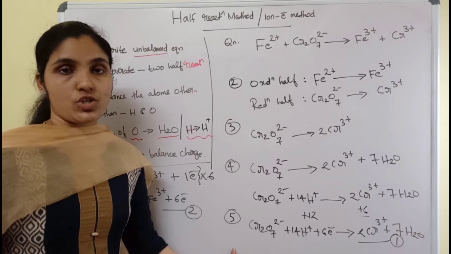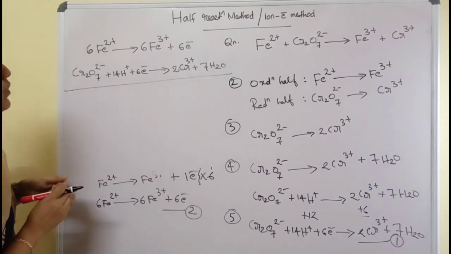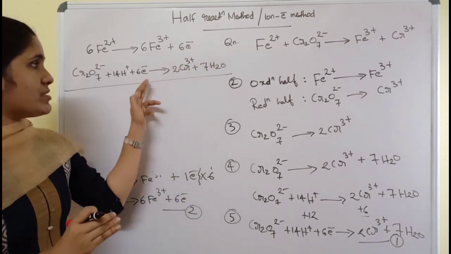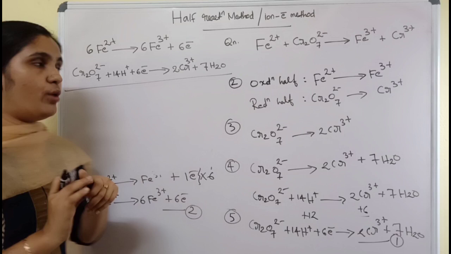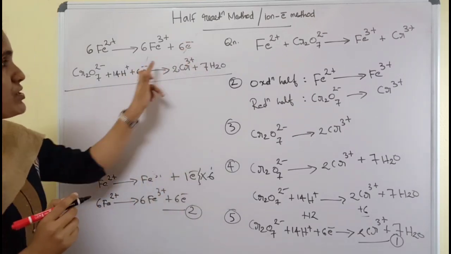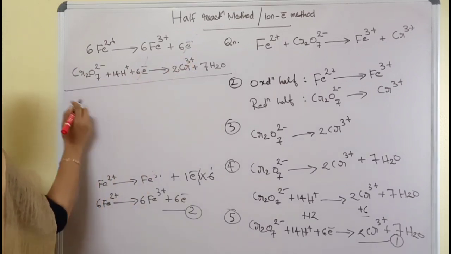Let's add these equations together. Before adding, we have 6 electrons on the right hand side and 6 electrons on the left hand side, which is common, so it can be cut off. Other things can be written together.